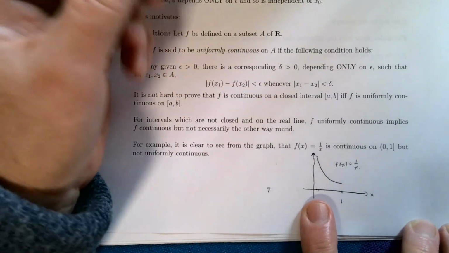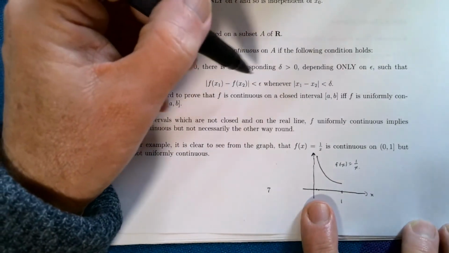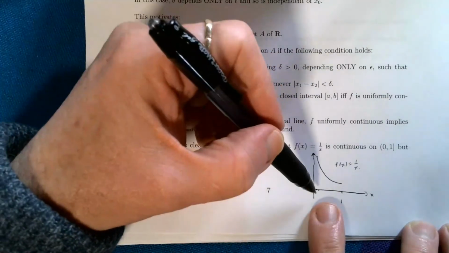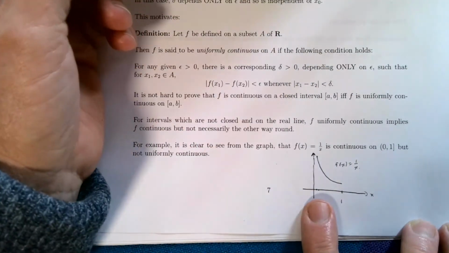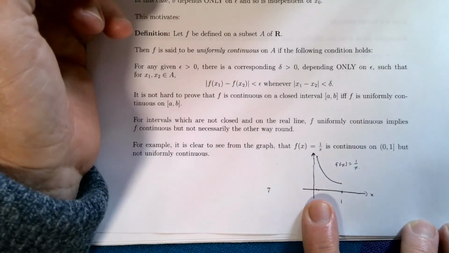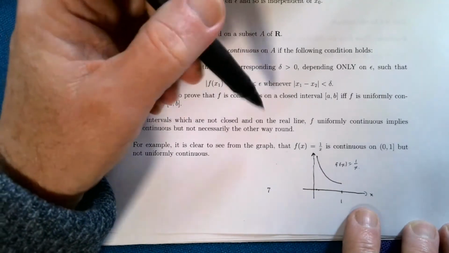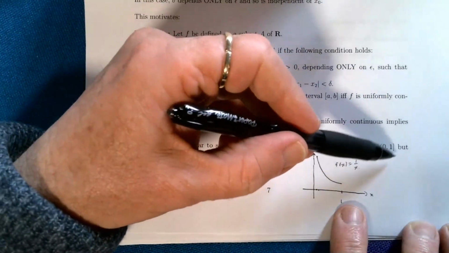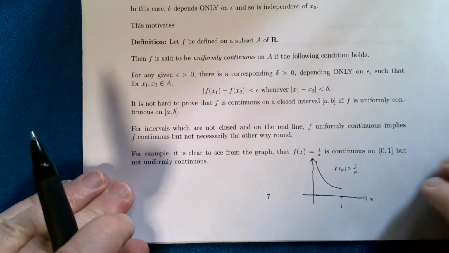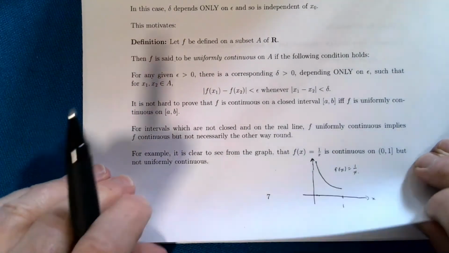In other words, this delta here is going to depend on my x naught, on my x1 and x2. So if you've got a function that's continuous but the interval is not closed, then you don't automatically get uniform continuity.